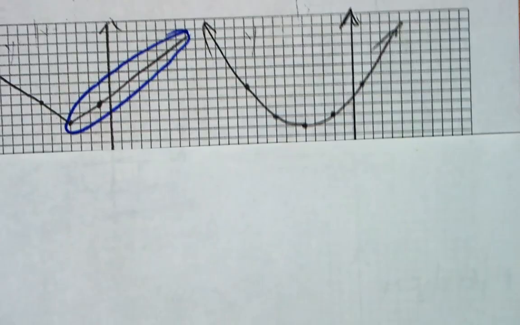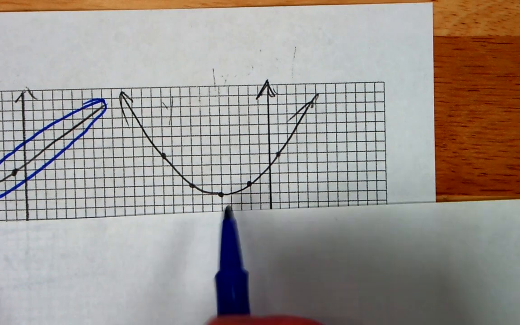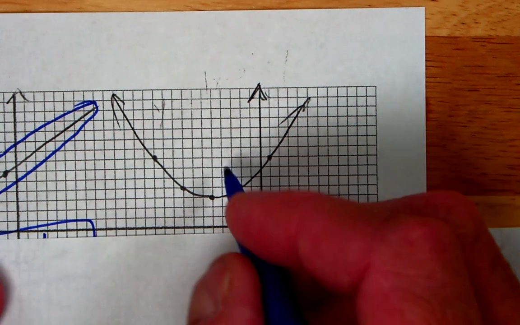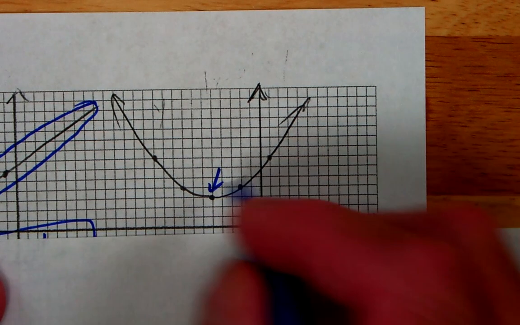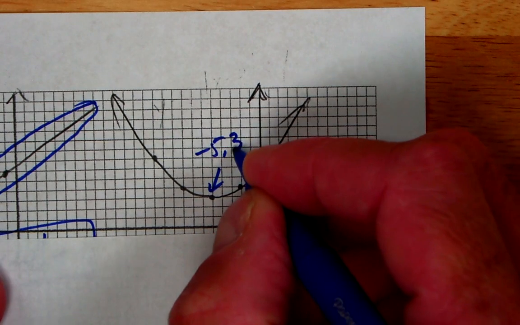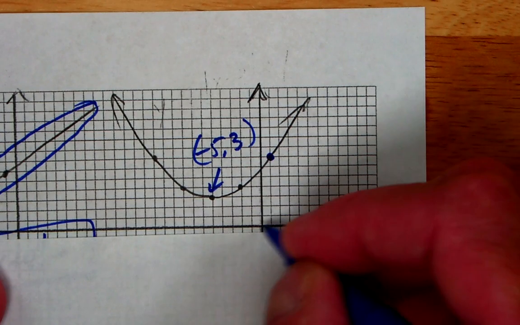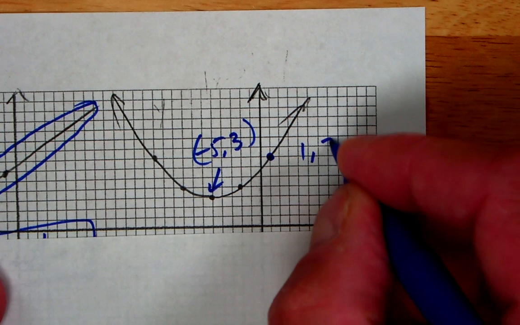So on this one, I've set this up for us to do it using that second method. Let's go ahead and write my deal. My vertex here is negative 5, 3. And let's say one of the points that I'm going to use is 1, 7.